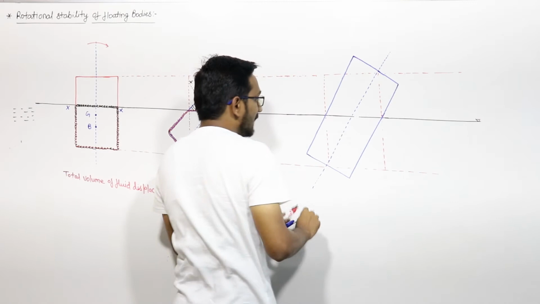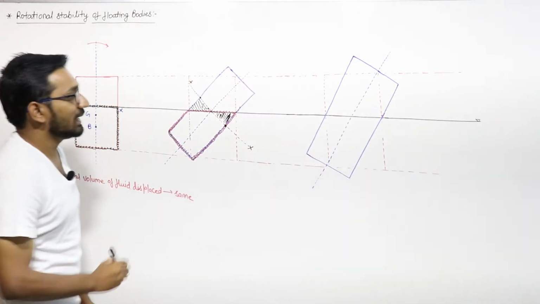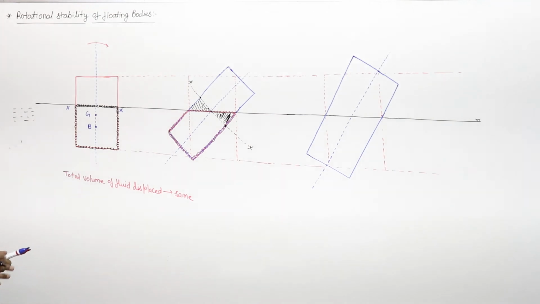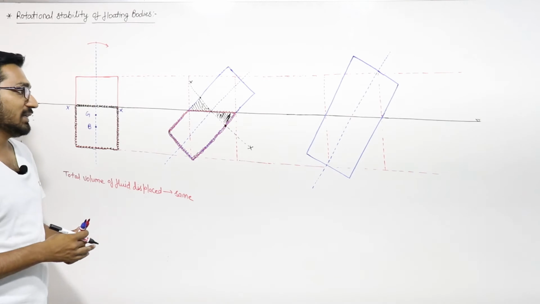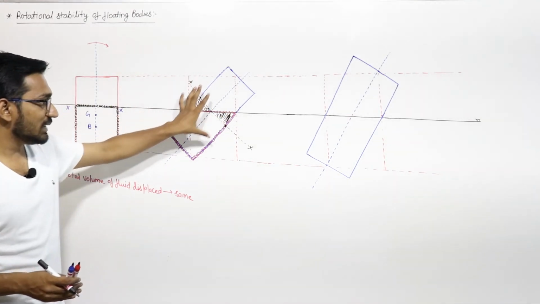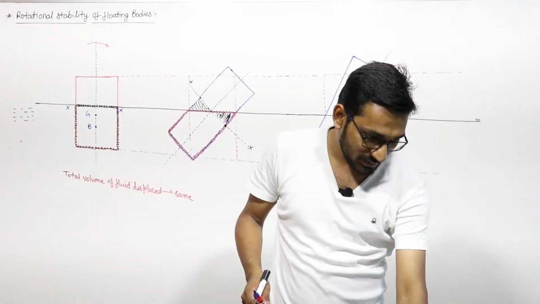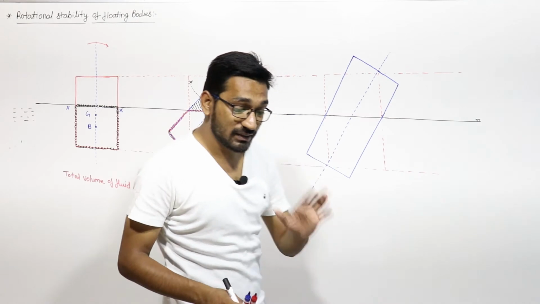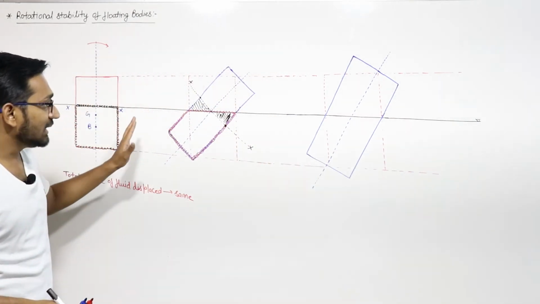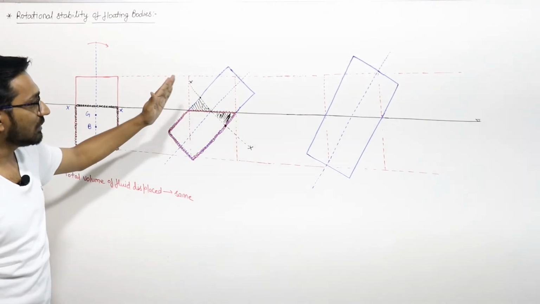You must appreciate one thing, that the center of gravity of the body will not change. Why? Because the mass distribution inside the body is not changing. Only the orientation changes, from vertical it will become horizontal or some inclined.